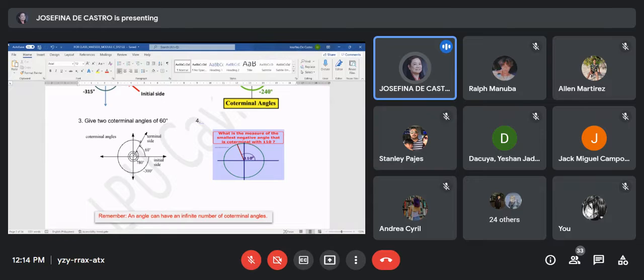Yun na yung nearest positive coterminal niya. Pero ang nearest negative niya would be from the initial side, clockwise ka. So 360 minus 110. Negative 250 degrees. Okay? Ito yung kabila niya.